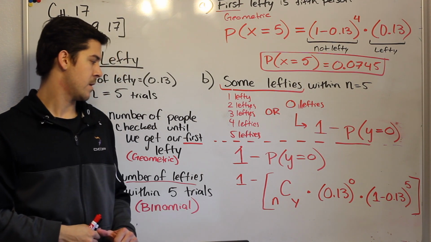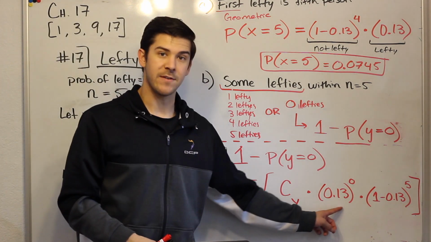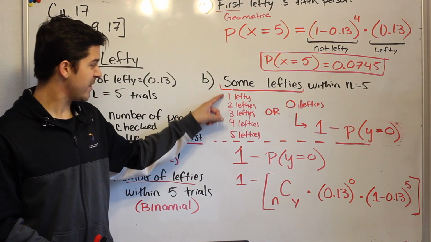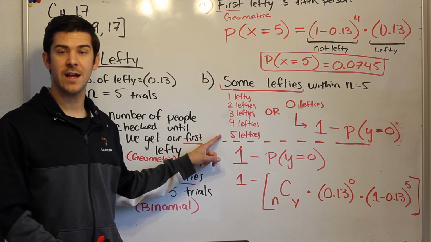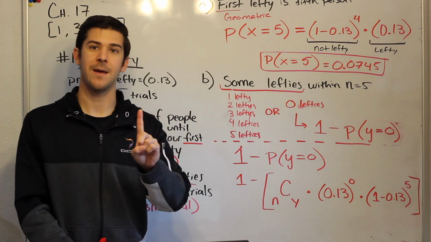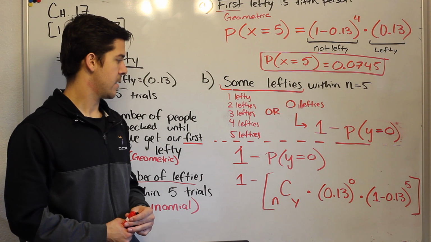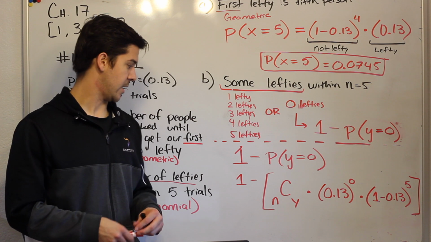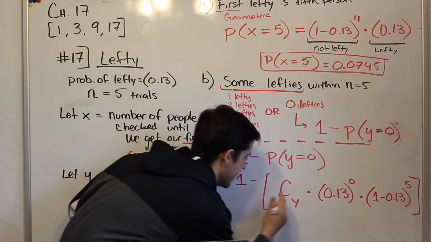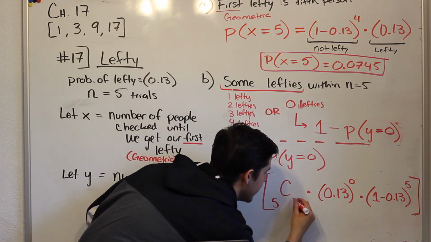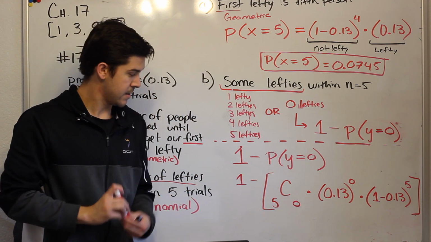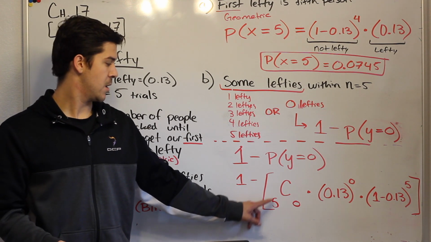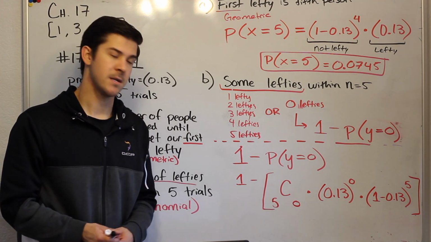In this problem, we're looking at not having any lefties because we want to find the opposite. Instead of doing this same operation 5 different times, it's easier for us just to do it 1 time to find a solution. In addition, if we replace these values for this specific piece of the equation, we get n is 5 trials and y equals 0. Out of the 5 people that are chosen, we want 0 of them to be lefties.